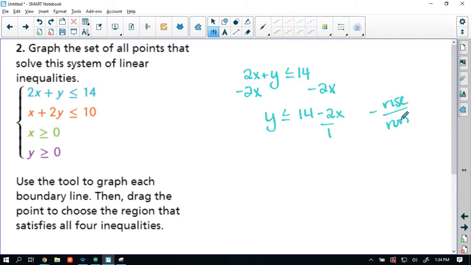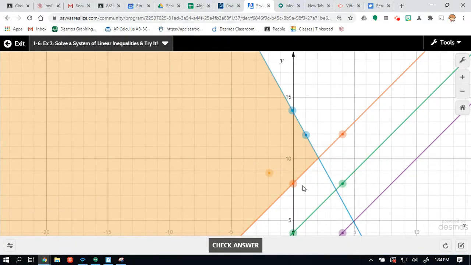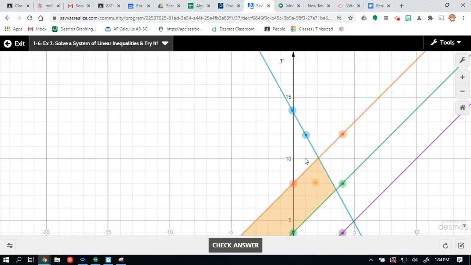In my case here, the run is the number 1, because 2 over 1 will give me 2 simplified. And so I'm going down on my rise, over on my run. You could also go up on your rise and back on your run. It will give you the same line. So there's that one, and we're looking at this region here because it's less than that line.